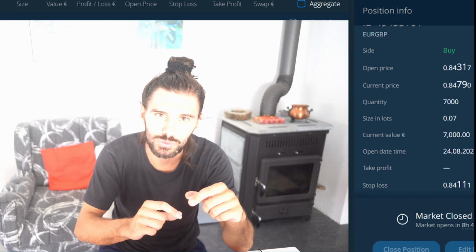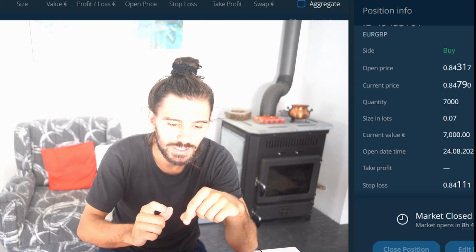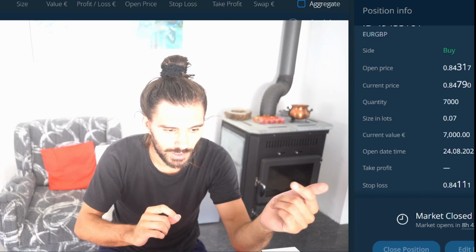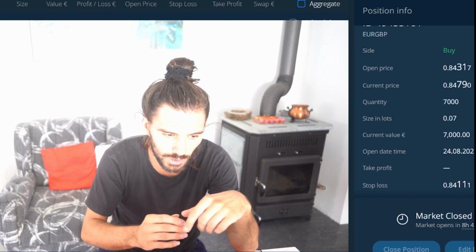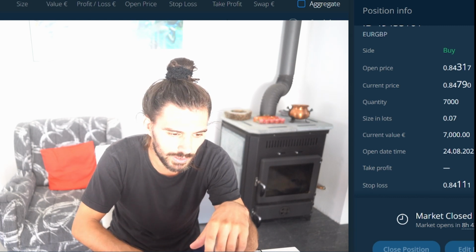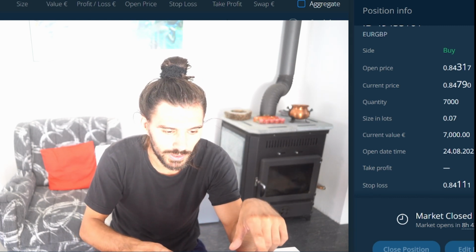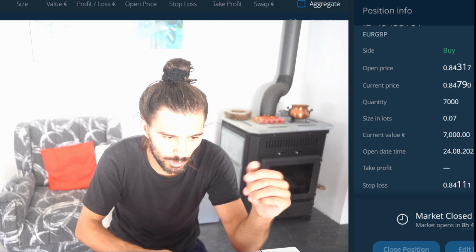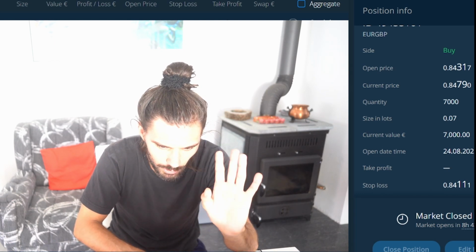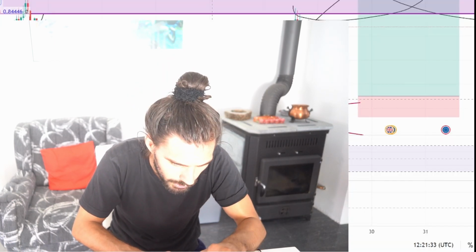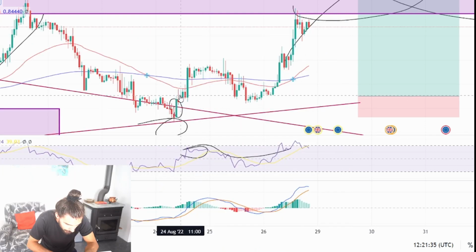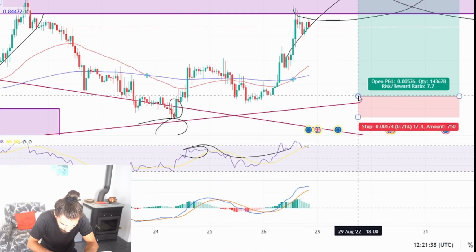And at the same time, you have to keep the spread in your calculation as well, because here my spread is a little bit bigger than on other trading accounts or brokers that I use, but somewhere at around 0.843 was my entry, so this is roughly around here.